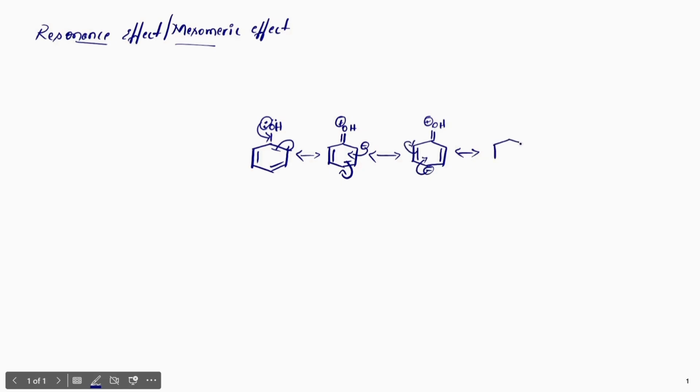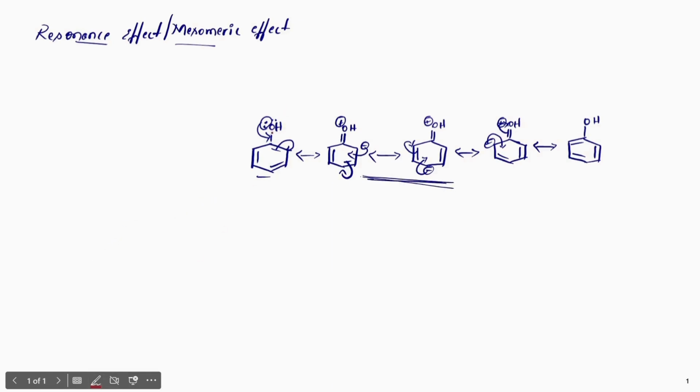That can be written as here double bond, double bond, double bond OH, positive charge, here the negative charge. Again this negative charge is involved in the resonance, and these pi electrons will be taken back by the oxygen. So that double bond, double bond, double bond, here single bond OH. This is the resonance structure of phenol.